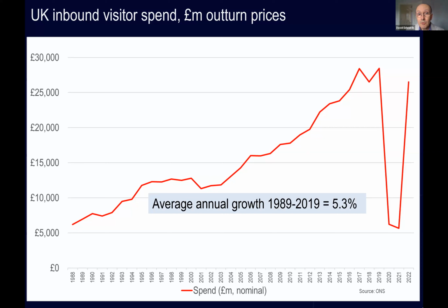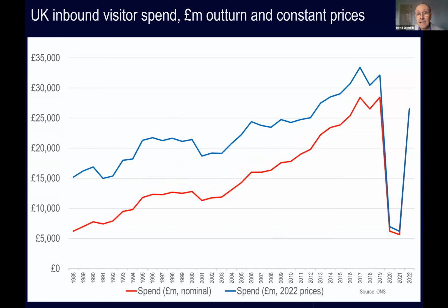But as we all know, especially at the present time, there's something called inflation that erodes the value of currency over time. So let's keep the red line, which is out-term prices, and introduce the blue line. This is inbound visitor spending to the UK in what is called constant prices, having adjusted for inflation.